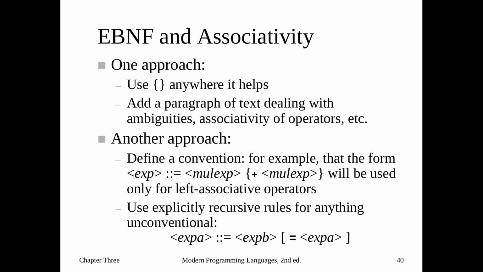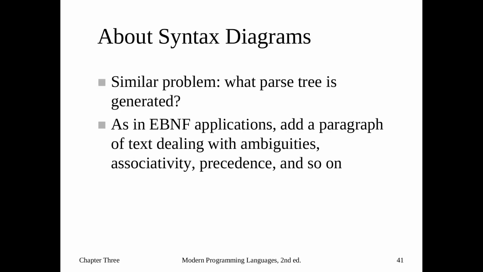For example, the one that we showed could only be used for left associative operators, whereas we use explicitly recursive rules for anything unconventional. For example, the one below is the right associative approach, which has a right recursion for handling assignment. So these are two different approaches.